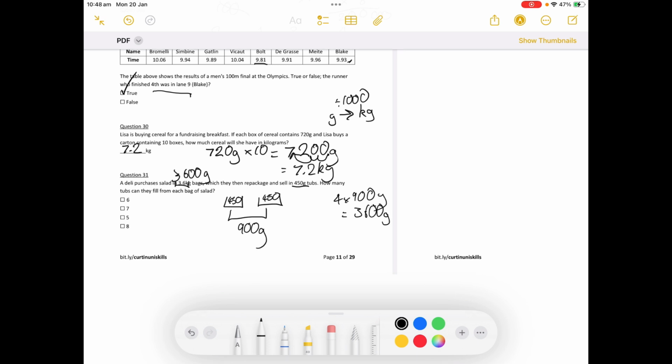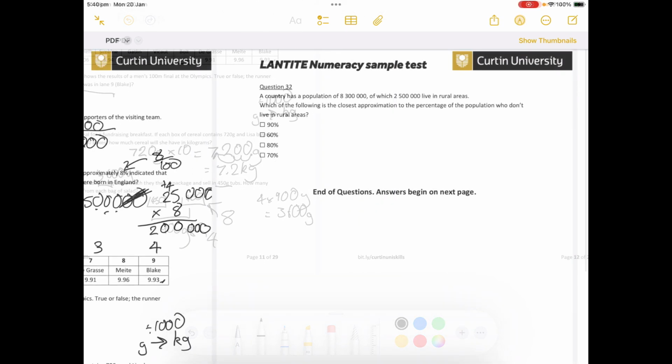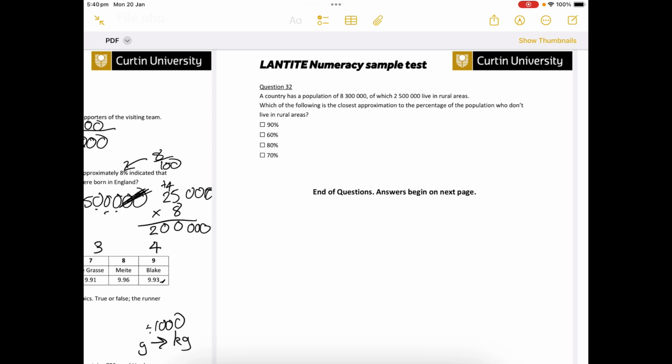So I know that I have 4 of these 900s that go in. If I've got 4 900s, that means I have 8 450s. So I can fill up 8 tubs. Okay, question 32, last question.